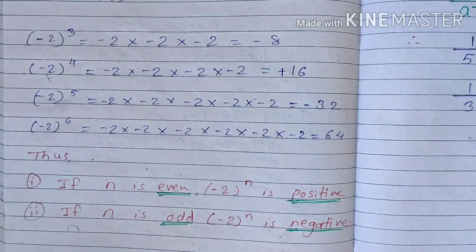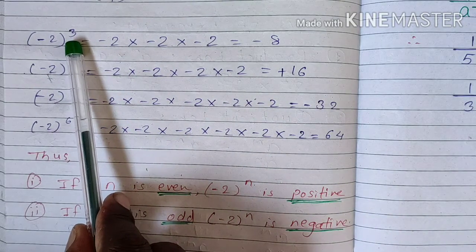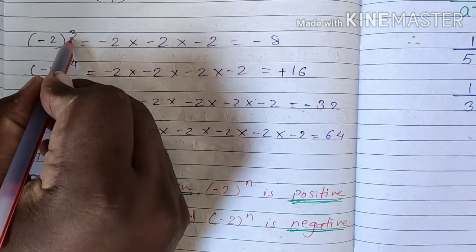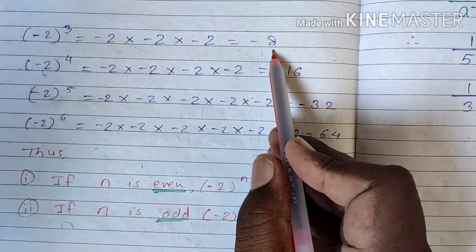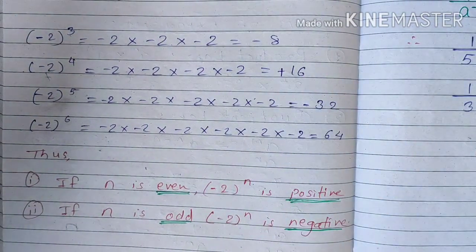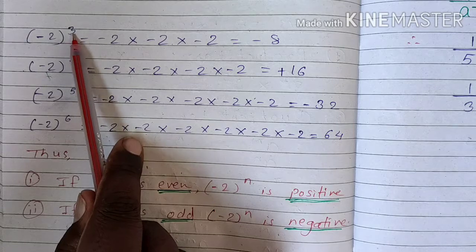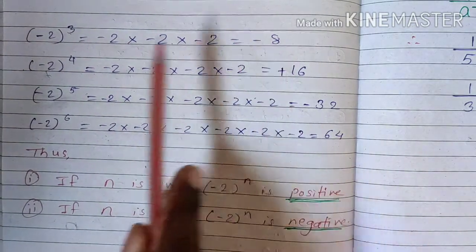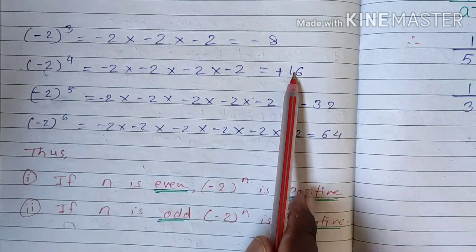Okay. From these examples, what we understand is, if the power is an odd number, like 3, 3 is an odd number, the final value is negative. Power is an even number, the answer is positive.